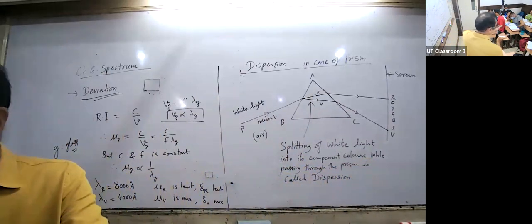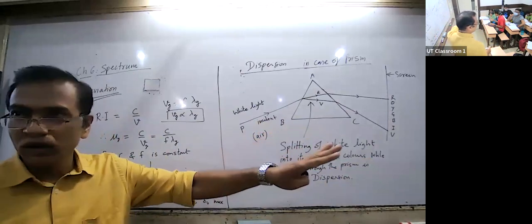Okay, so the process of splitting of white light into component colors is dispersion.